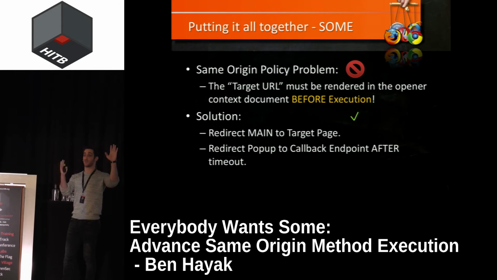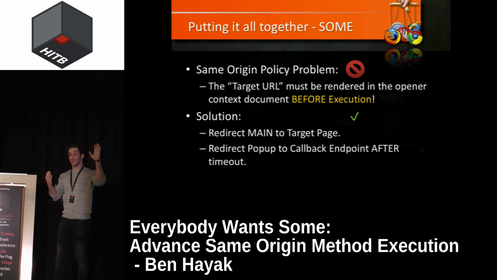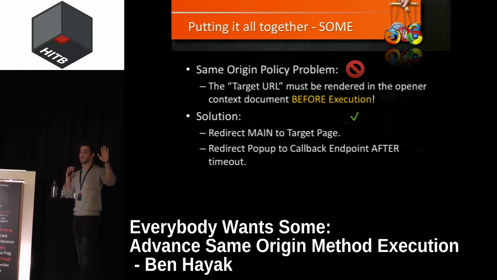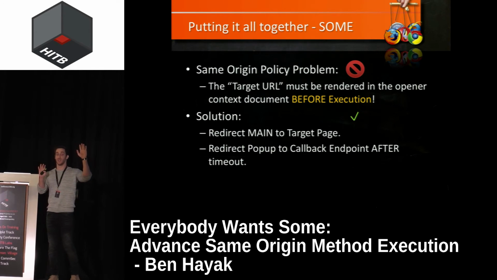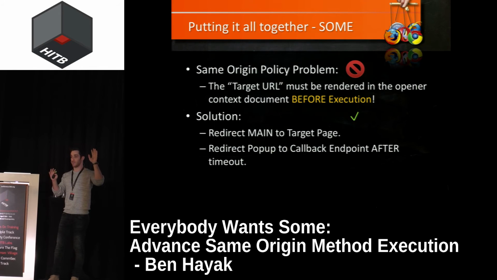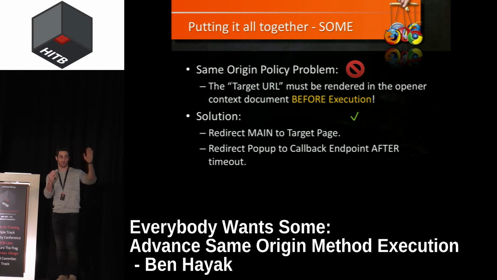What we do first is we redirect the main window to the target URL, the page with the red button. And then, only after a timeout, we redirect the pop-up, because at the starting point both of the pages are in our control, right? It's evil.com and evil.com. So we can control the JavaScript. So we use location or whatever method we want. We redirect the main page to the target URL, the page with the red button in our example.